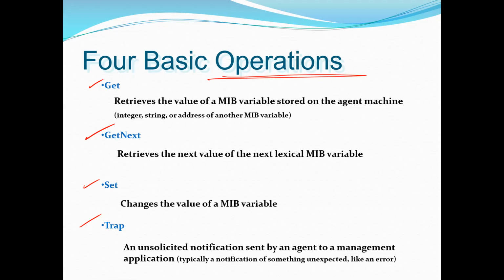That variable can be an integer, a string, it can be an address of another MIB variable, lots of things, right? That's defined in the MIB itself, but get is what allows you to get information. Get next retrieves the value of the next lexical MIB variable.